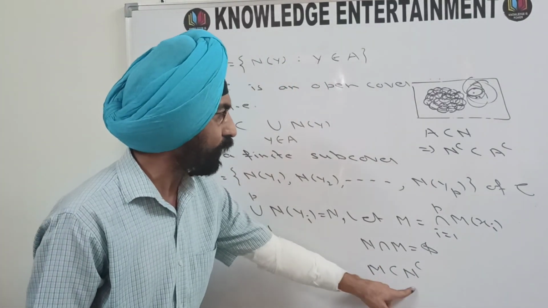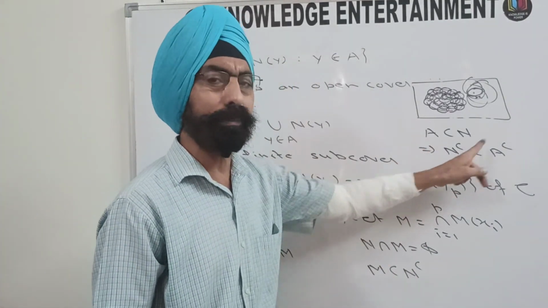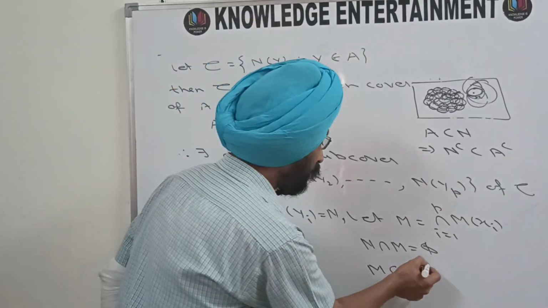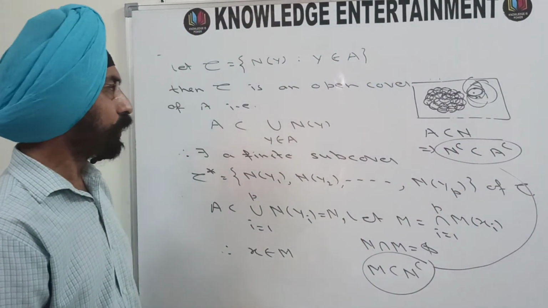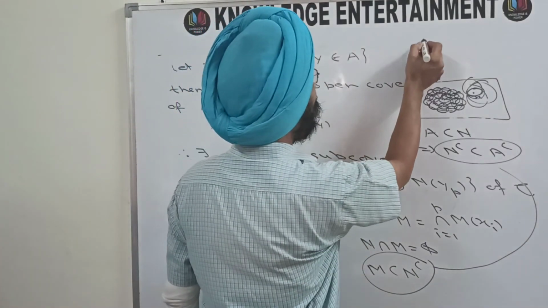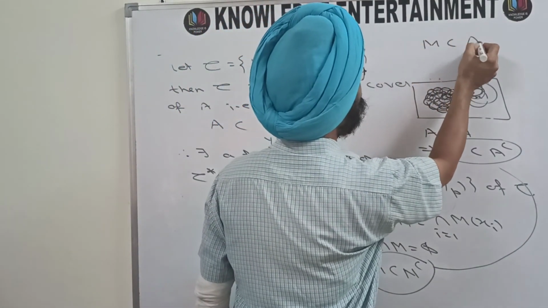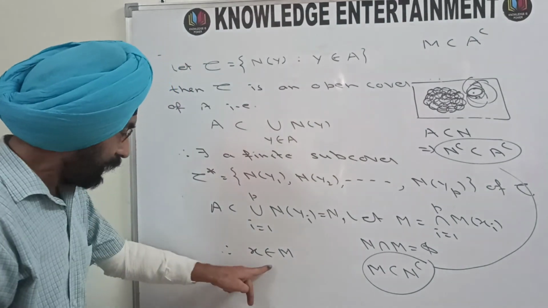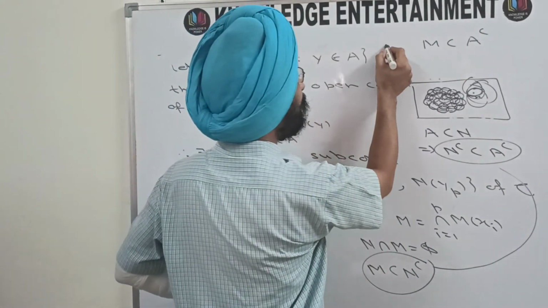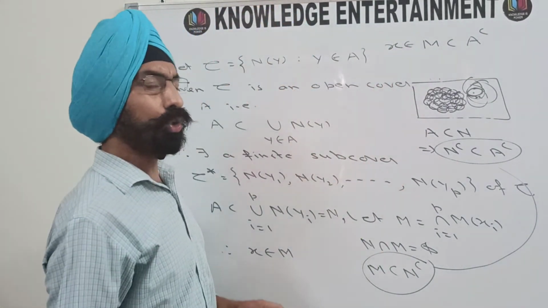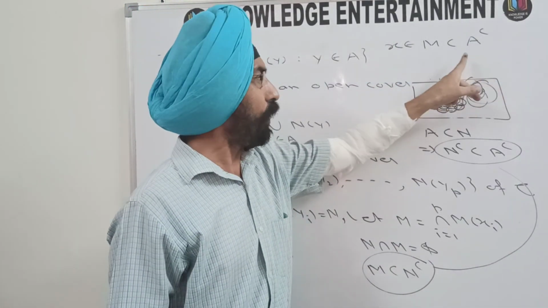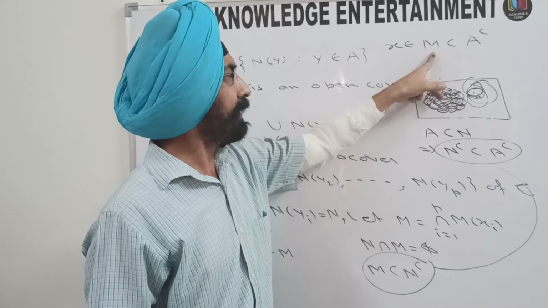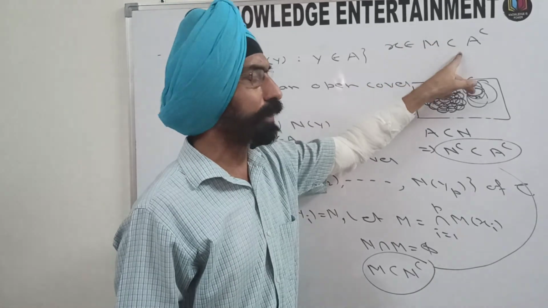M is a subset of N complement. N complement is a subset of A complement. From these two, you can directly have that M is a subset of A complement, and your x belongs to M. You have taken an arbitrary element x from A complement, and now you have introduced M such that x belongs to M and M is a subset of A complement.